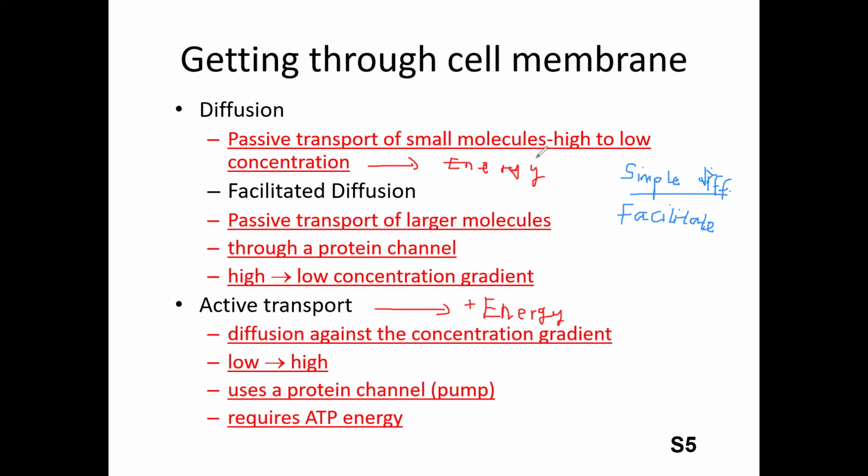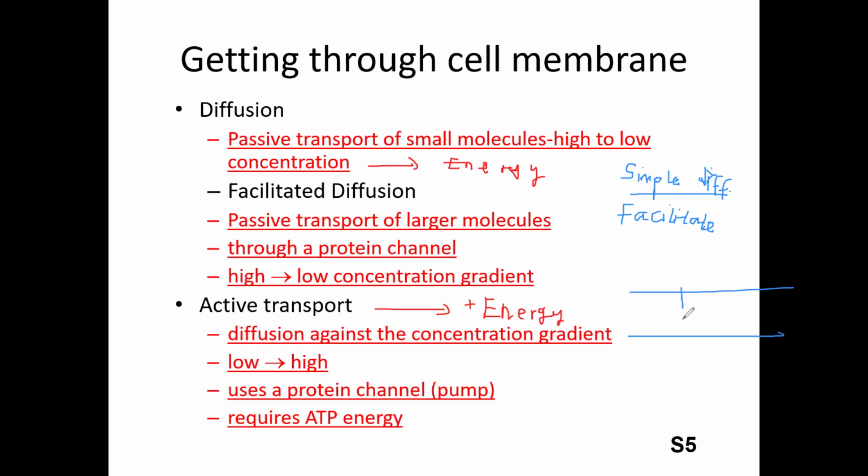It is just the movement of small molecules from the region of higher concentration to the region of lower concentration without the need of any carrier or any channel. But facilitated diffusion is usually the transport of larger molecules, and it is through a protein channel. So let's say this is the cell membrane.